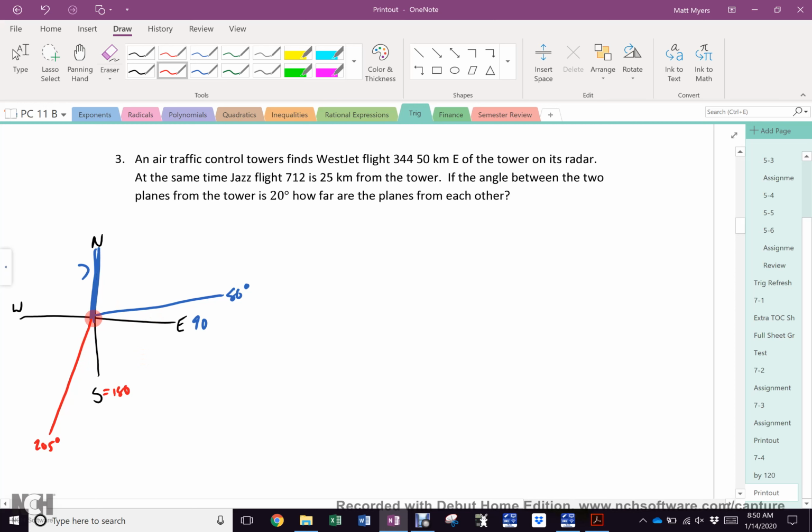Can I do trig on these? Kind of, because this is 180, this is 205, so what's this right in here? No, that's not a reference angle. What is this number right in here? That's 205.